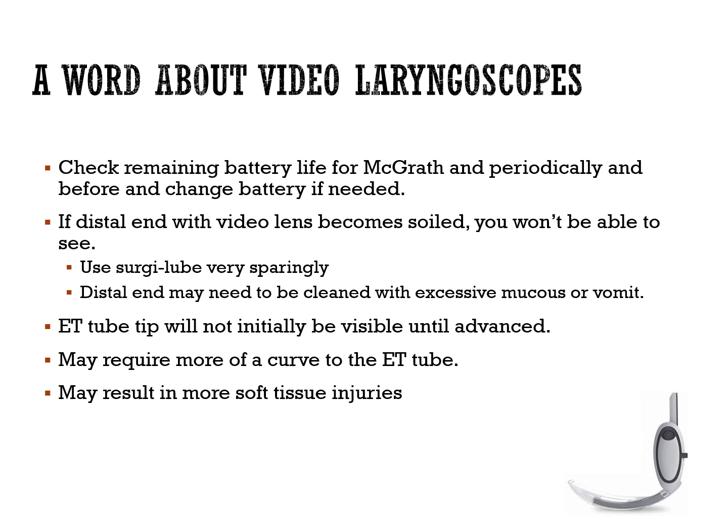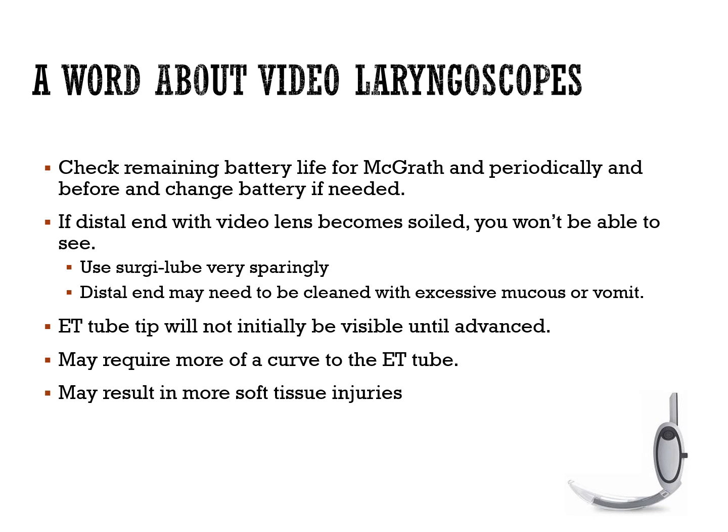If the distal end video lens becomes soiled, whether with secretions, vomitus, or even Surgilube, and I learned this the hard way. I used to use much more Surgilube on the end of my endotracheal tubes. I use much less now, because if the end of the video laryngoscope becomes smudged with Surgilube, you're going to have blurry vision and you're just going to have to take it out.